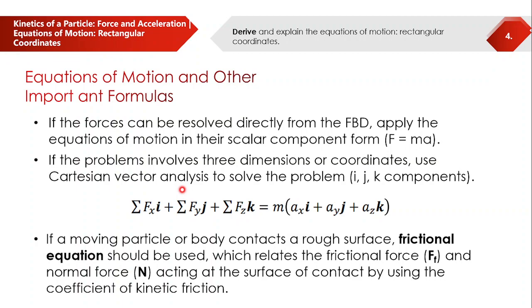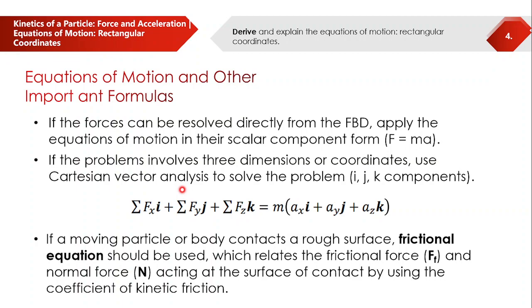If your particle or body is in contact with rough surfaces, there is friction. And if there's friction, two forces automatically act at the bottom, where the contact is. So there's a normal and a frictional force.